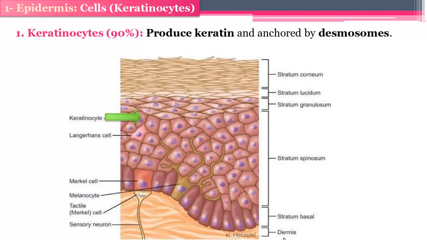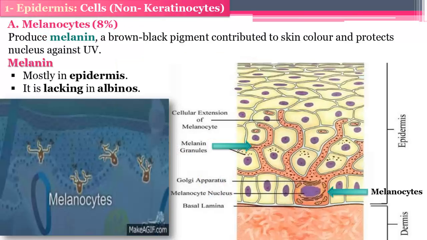Okay. See here, the next type of cells, they are the non-keratinocytes. In that, the first is melanocytes. They form around 8% of the population of the cells of the epidermis. They produce melanin, which is a brown-black pigment and which contributes to skin coloration, and it protects the nucleus against UV radiation.